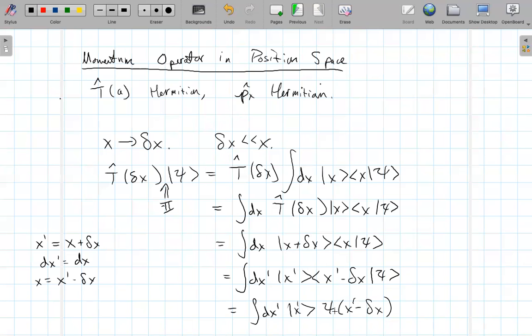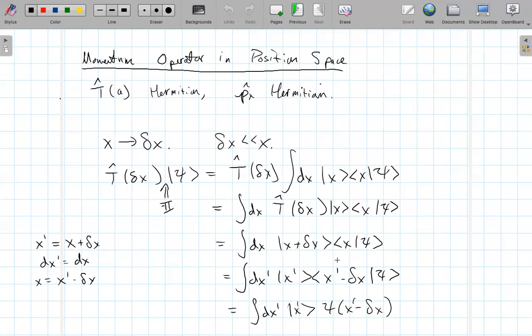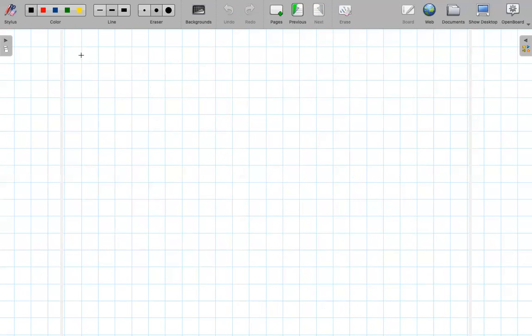Now, to make a little more sense of this, since delta x here is much, much less than x, or x prime for that matter, we can do a Taylor series expansion of the wave function itself. So since delta x is much, much less than x prime, let's Taylor expand about x prime.